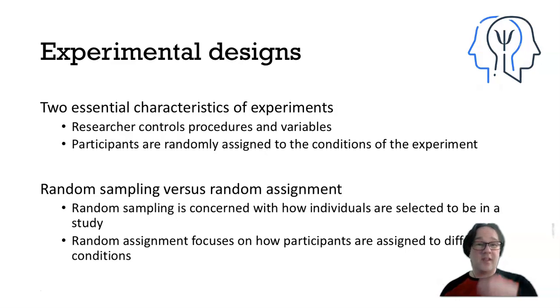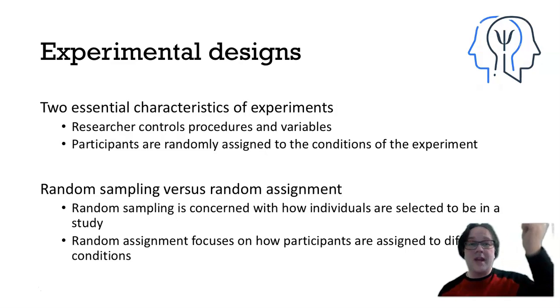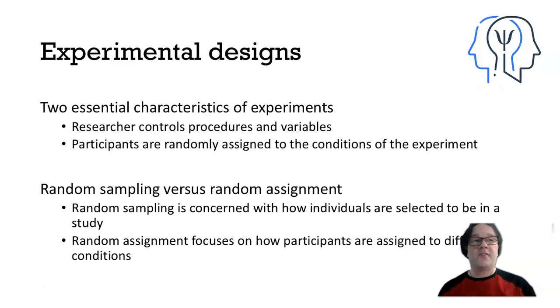Let's say we could randomly assign them a number, and let's just say we're going to pick 100 people to be in our study. We would need to randomly choose 100 people from those tens of millions of people who have depression in order for us to have true random sampling.